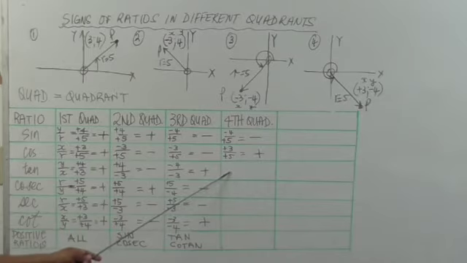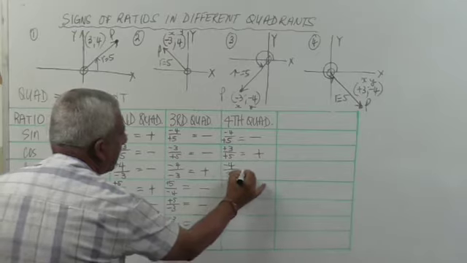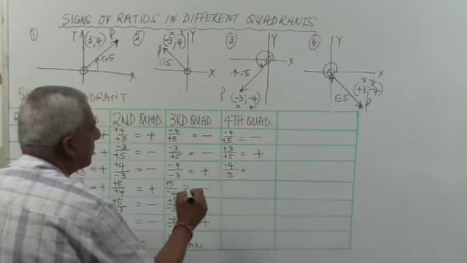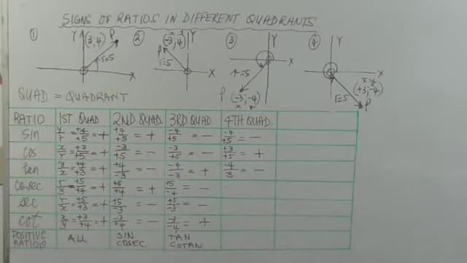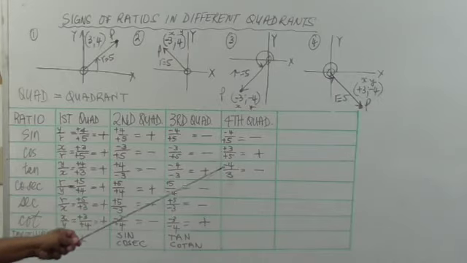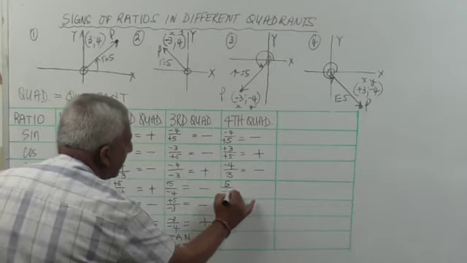And then tan is y over x. That's minus 4 over 3. So this is negative also. And then these three will be invert that, invert that, invert that. So this will be 5 over negative 4.